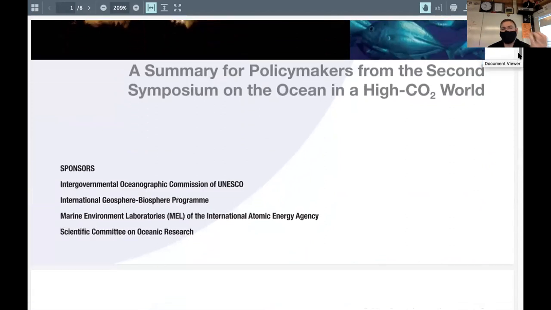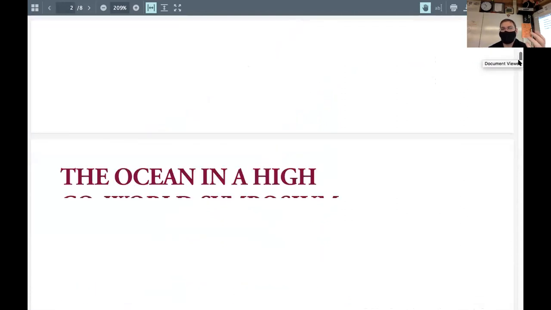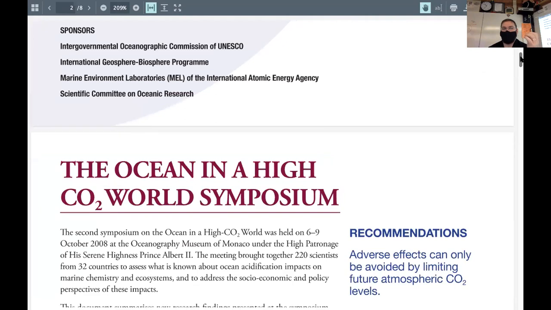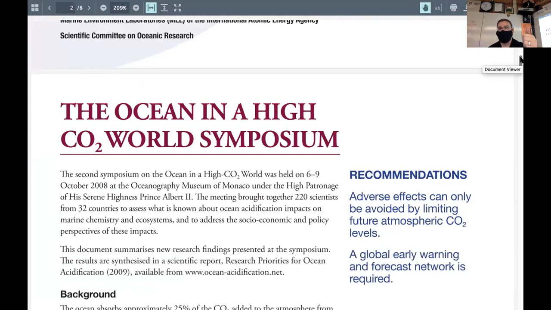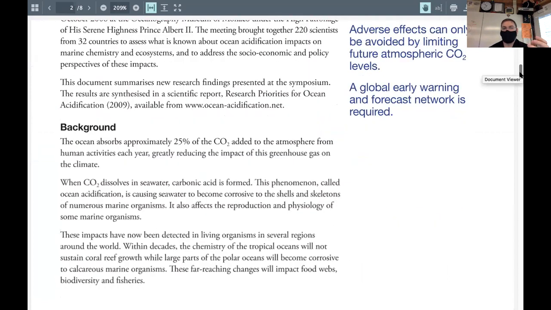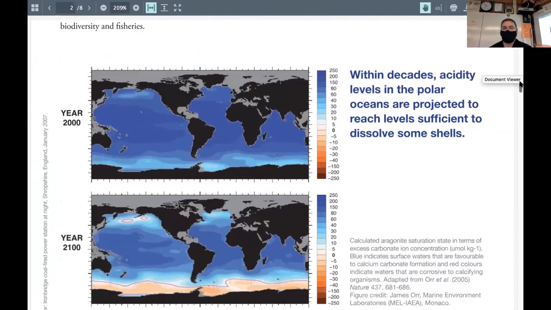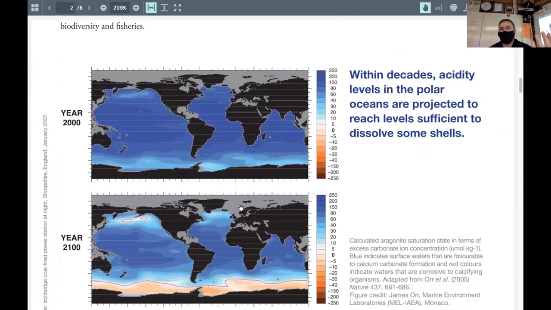And this was developed by UNESCO, which is the Intergovernmental Oceanographic Commission, and some other research organizations, to talk about, as carbon dioxide rises in the atmosphere, what role does that play in the ocean in terms of ocean resources? So this is in color and it's nice.